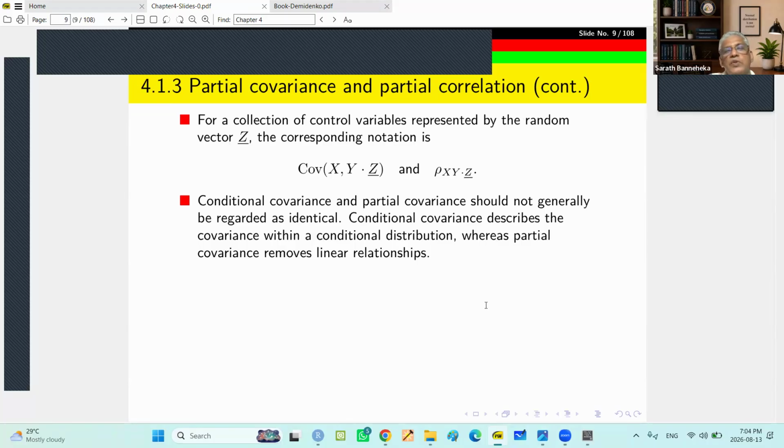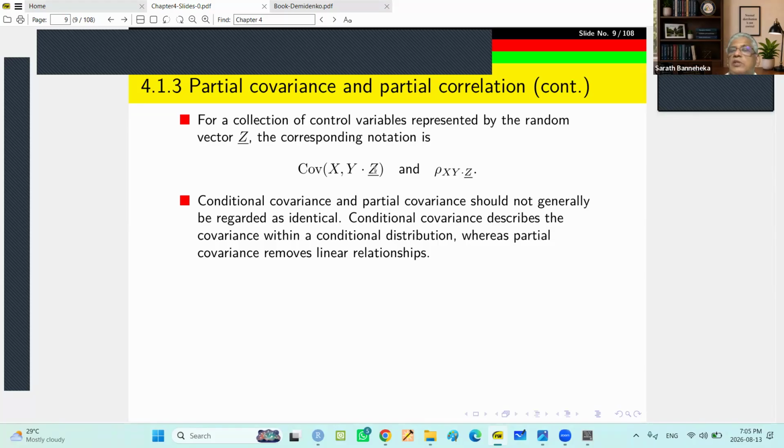So for a collection of control variables represented by a random vector z, as I mentioned, if there are several other variables in z, say, for example, earlier we considered only one variable z. But in general, z may be a vector, for example, a vector of several other variables, right? In that case, we can talk about the covariance between x and y dot vector z.